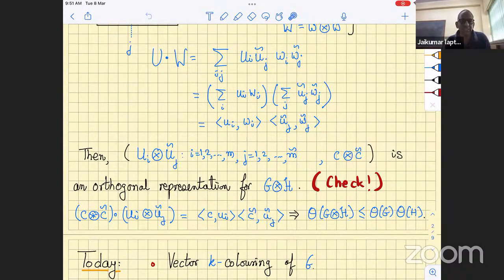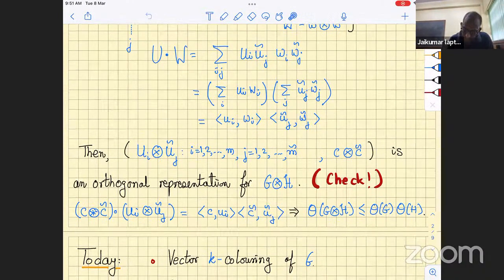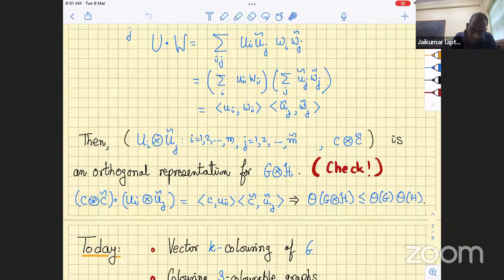Now let us see, is this an orthogonal representation? Well, you see, if you take two vertices, and they are distinguishable, there is at least one component where they are different and distinguishable. It could be that in both components they are different vertices and they are distinguishable, or it could be that in the first component they are actually the same.